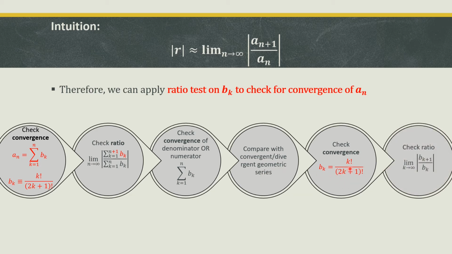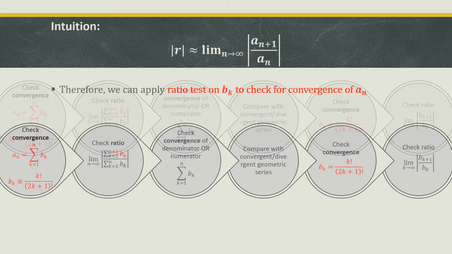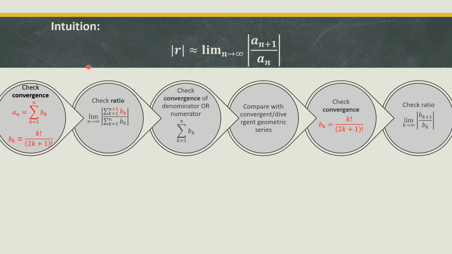And so finally, we will just check the ratio of b sub k plus 1 to b sub k, and we take that limit. And that is just a normal ratio test for sequences. So let's demonstrate this using this example.